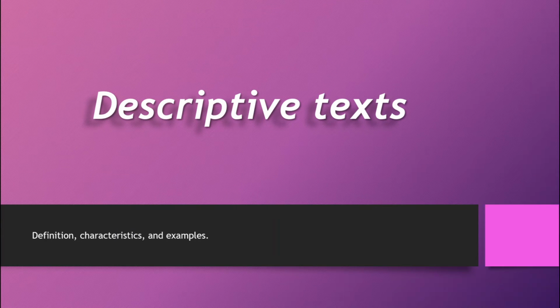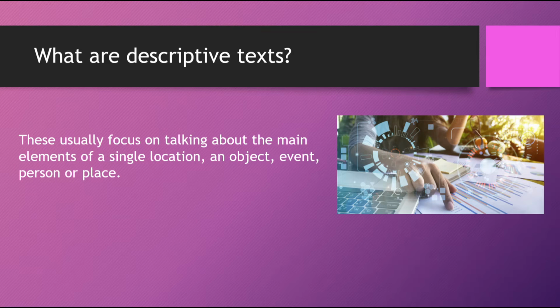Well, now we have the descriptive text, and we will start with the same question. What are descriptive texts? This usually focuses on talking about the main elements of a single location, object, event, person, or place.